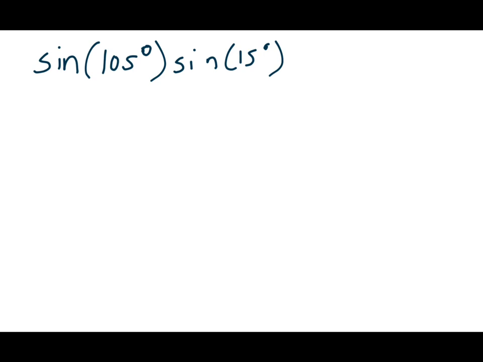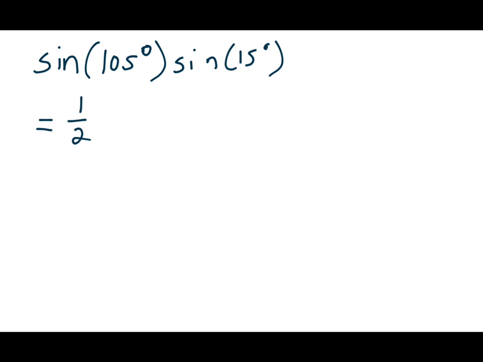Okay, so let's do one problem here. Let's say we want to evaluate sine of 105 degrees times sine of 15 degrees. So your x is 105, your y is 15. If we use our formula, now both of those we don't really know what they are.